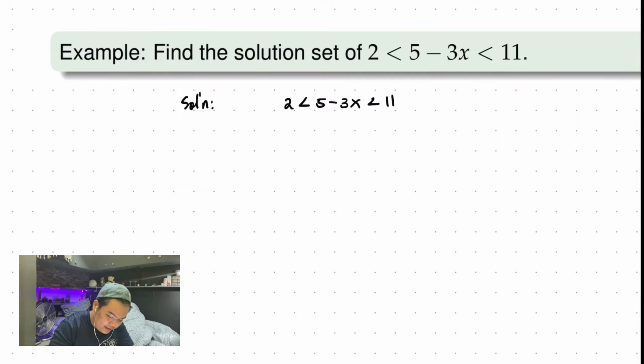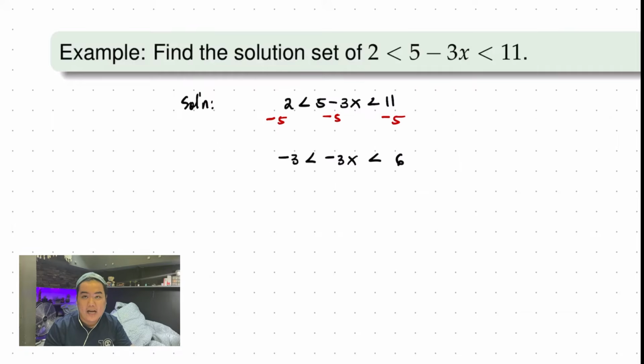So, mag-add ka ng negative 5 sa lahat. Ano mangyayari? So, 2 minus 5 is negative 3. Dito naman, cancel na ito. So, you get negative 3x. 11 minus 5, 6. Okay.